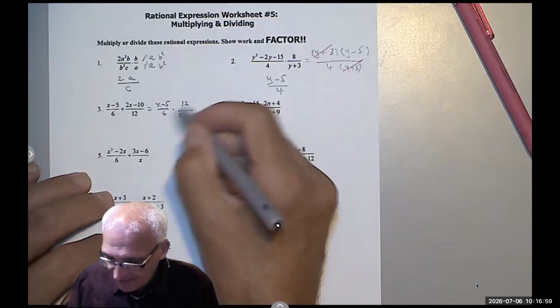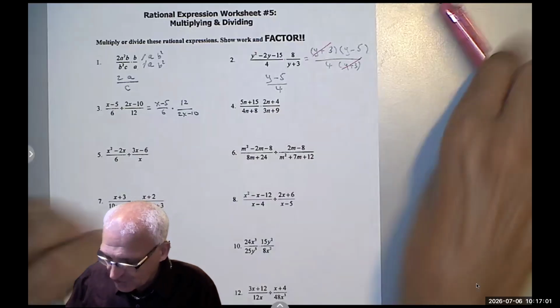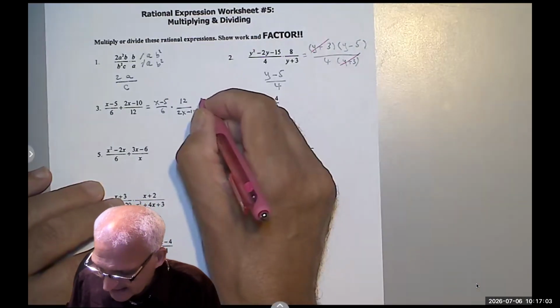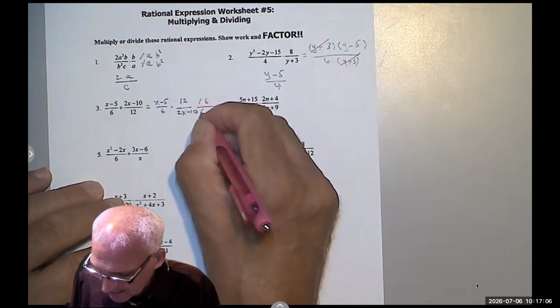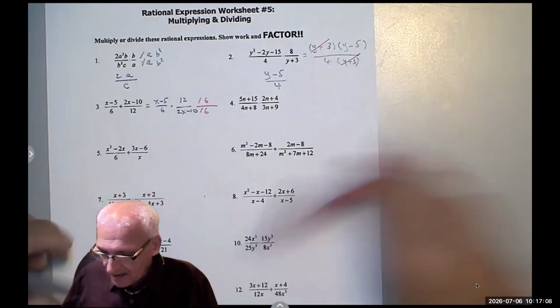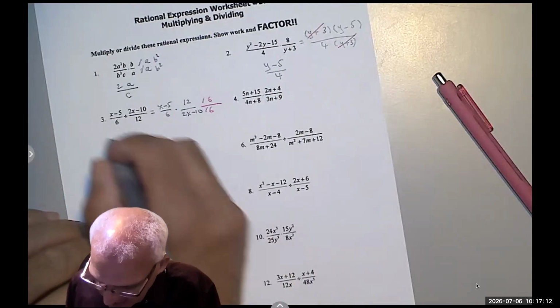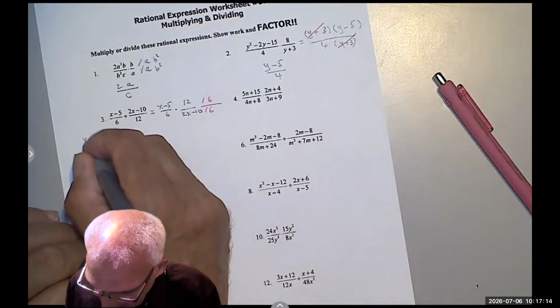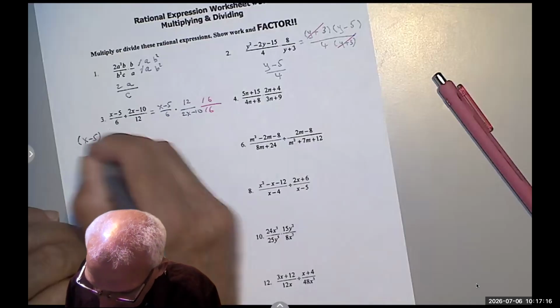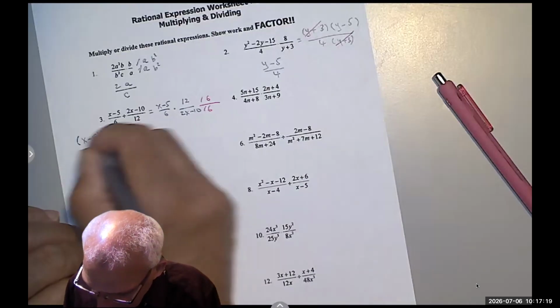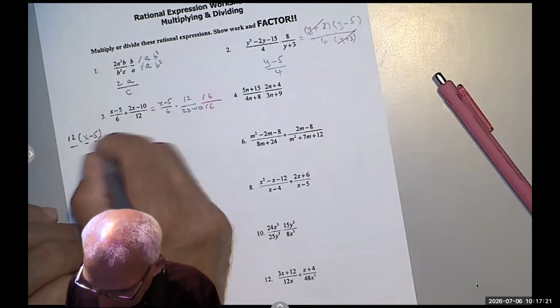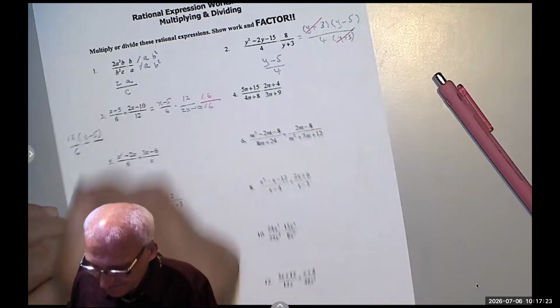Now I have 12 and 6, so I can divide top and bottom by 6. Oh, first I should have factored this. So let's write it again. X minus 5 times 12, and write the 12 in the beginning, over 6.